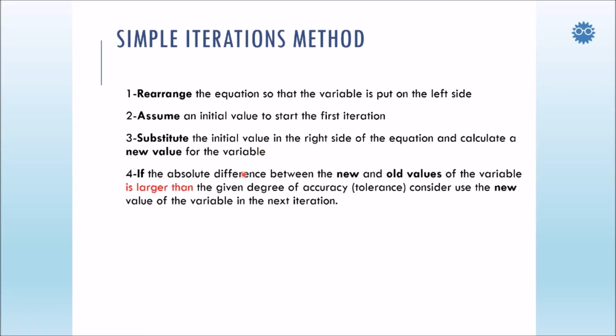4. If the absolute difference between the new and old values of the variable is larger than the given degree of accuracy, so we should at the beginning assume a degree of accuracy or tolerance, and we compare the absolute difference between the two values of x, for example, with this tolerance.